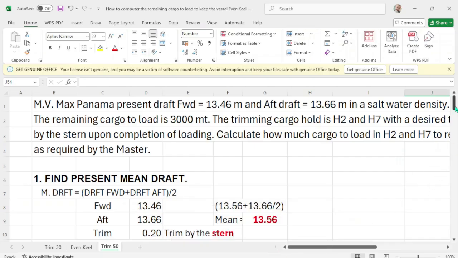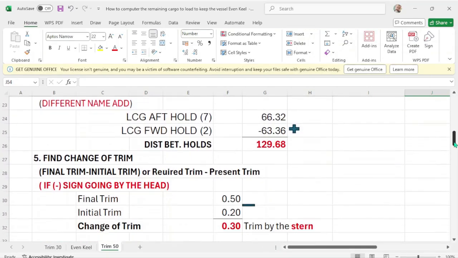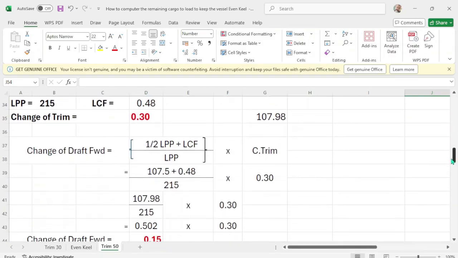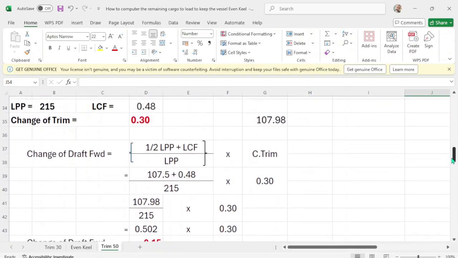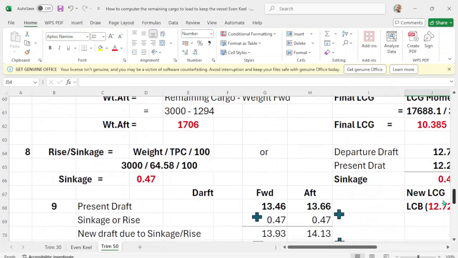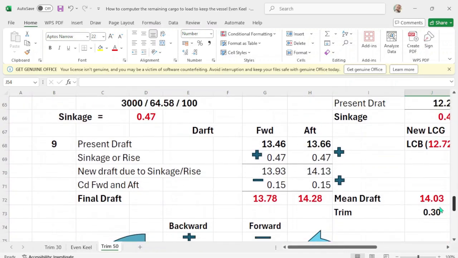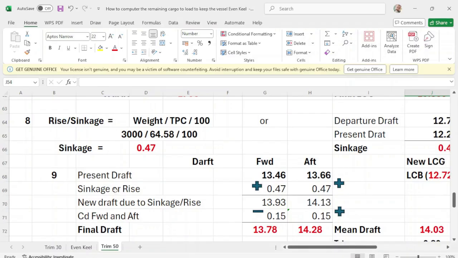Okay, so I go to the Excel. What we do first, so this is your present drop of 13.46 forward and up is 13.66. What is your sinkage?